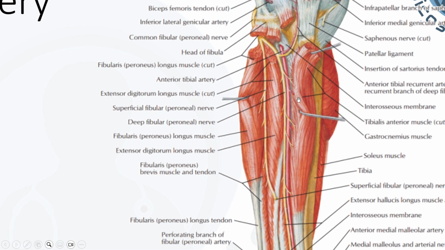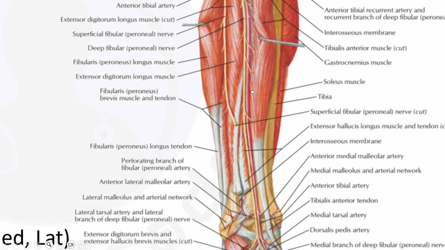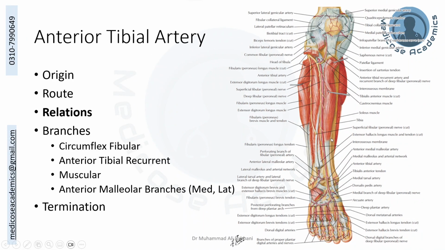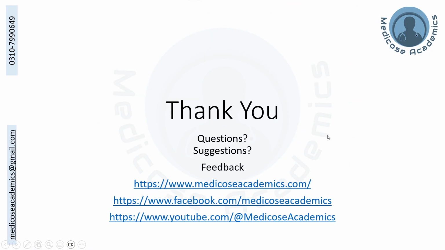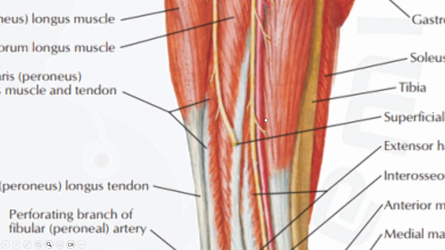When it starts, on the medial aspect there will be tibialis anterior, and on the lateral aspect extensor digitorum. As you go down to the middle part of the fibula, there is the origin of extensor hallucis, which is more medially placed, so the relation changes. On the medial aspect there will be tibialis anterior, but on the lateral aspect there will be extensor hallucis.